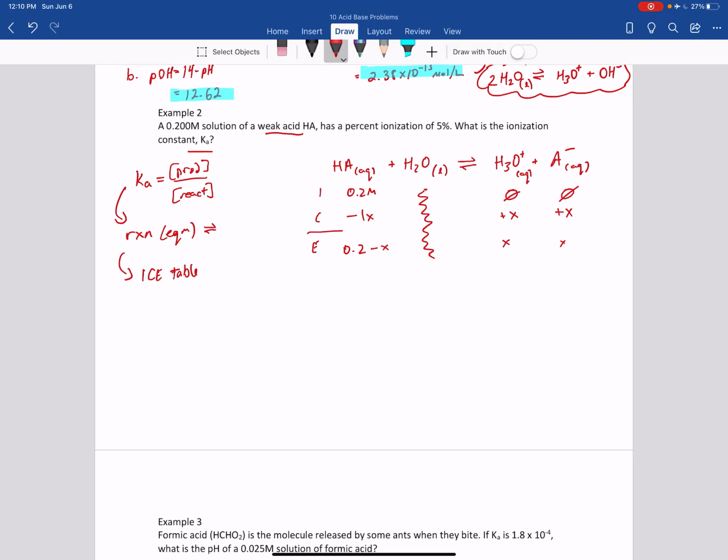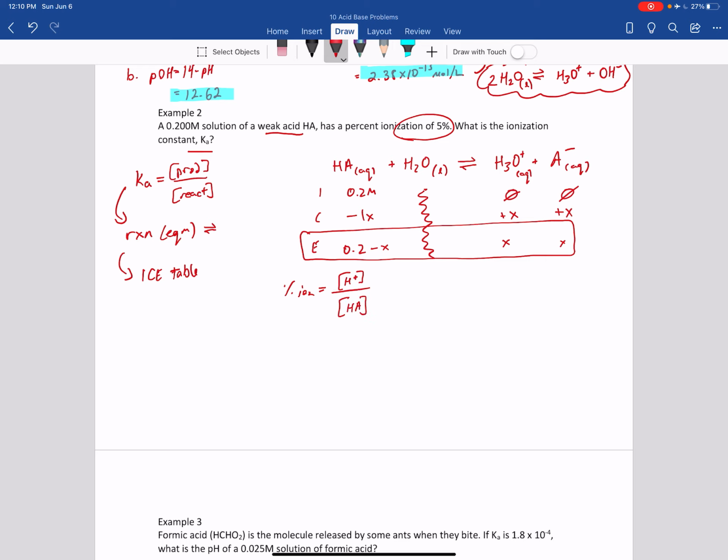Now, normally we would have enough information to solve this. So we go to our question, right? We can't use Ka to solve for x because we're being asked to find Ka. So in this case, we're going to use the percent ionization. And what that means is that the percent ionization, as a review, is equal to the concentration of the hydrogen ion over the original concentration of the acid.